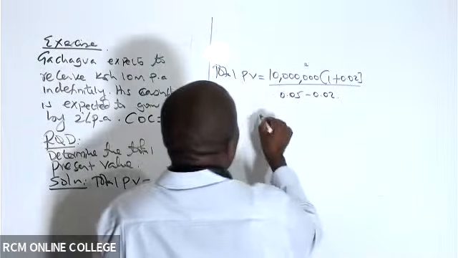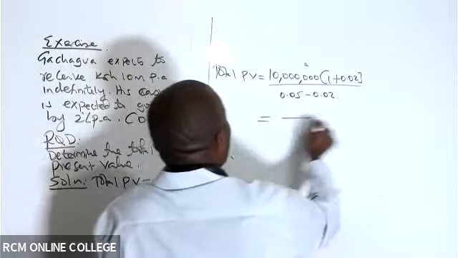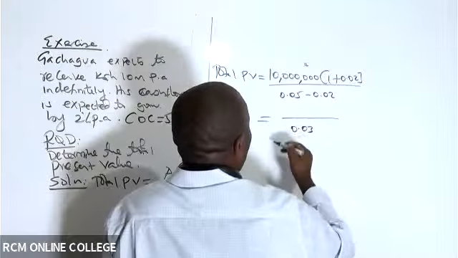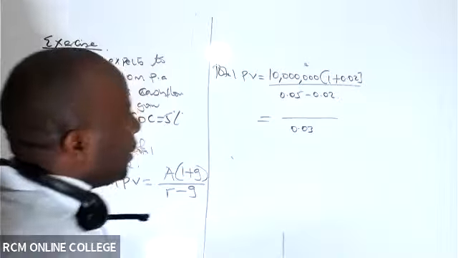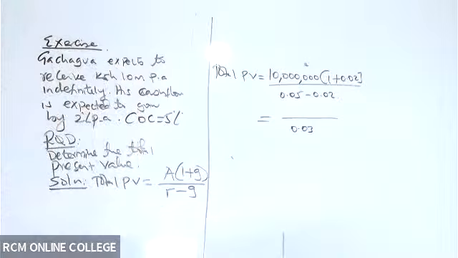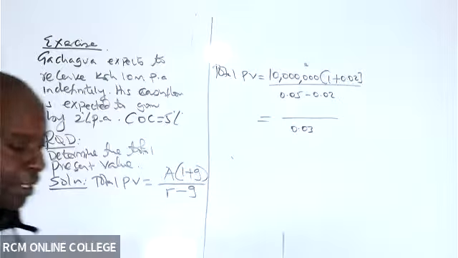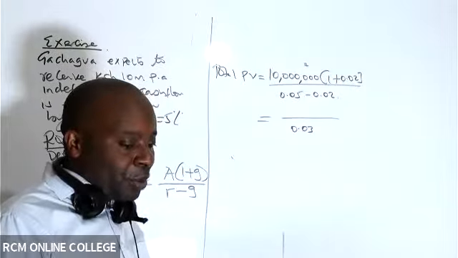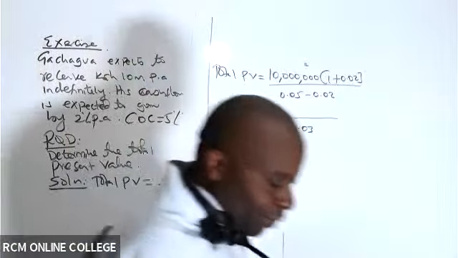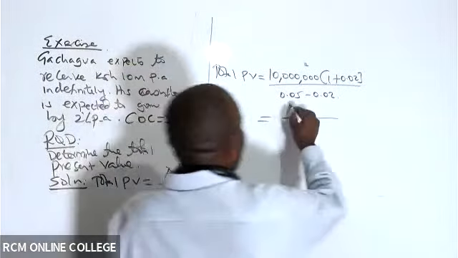So then can you kindly go ahead and give me, I know the denominator will be 0.03, but how about the numerator? Can someone tell me, in this case here, 10 million times 1.02 will end up giving me what figure? 10 million times 1.02 will end up giving me 10,200,000.